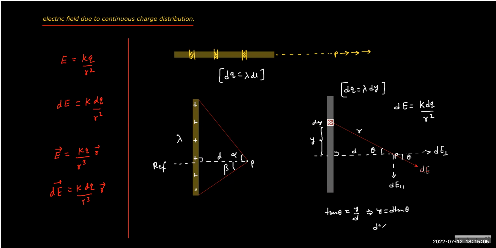So now what is dy by d theta, guys? d sec square theta. Excellent. So dy turns out to be d sec square theta into d theta.